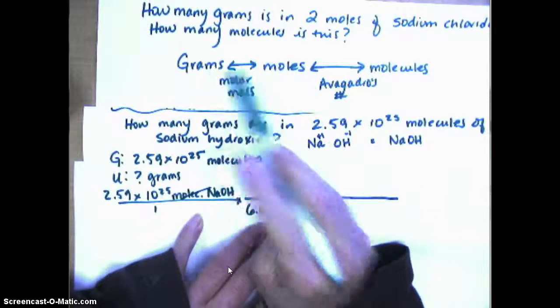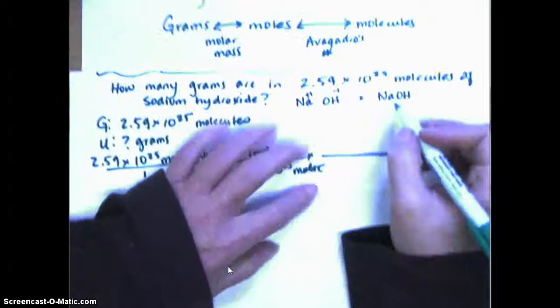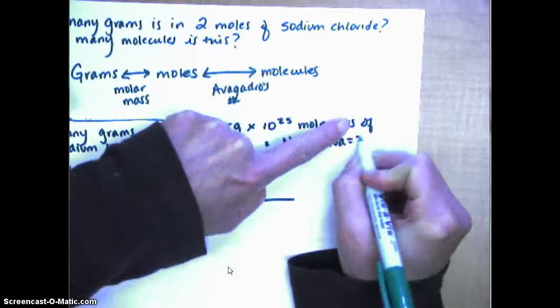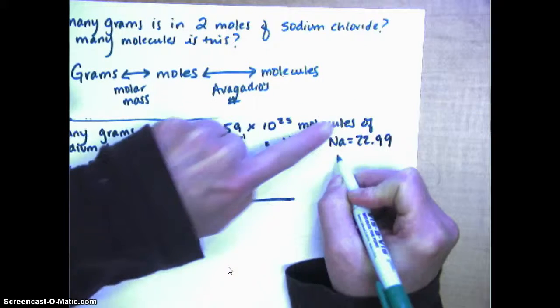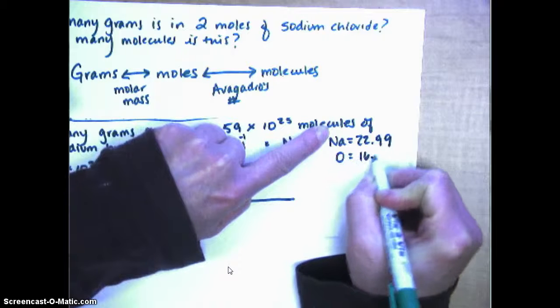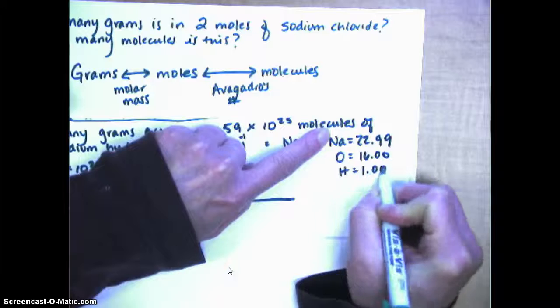We're going from moles to grams, and so we're going to have to use the molar mass of sodium hydroxide, and sodium is 22.99. Oxygen is, there's only 1 oxygen and it's 16.00, and there's 1 hydrogen and it's 1.00.